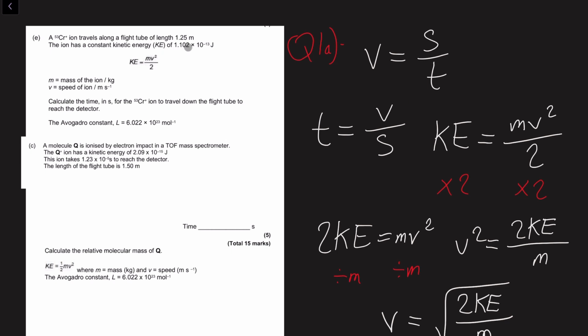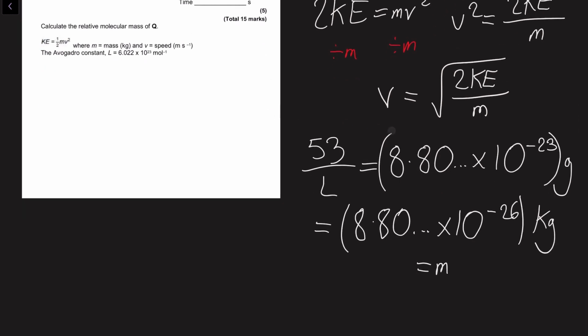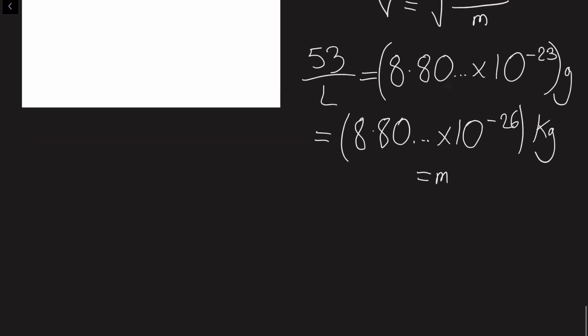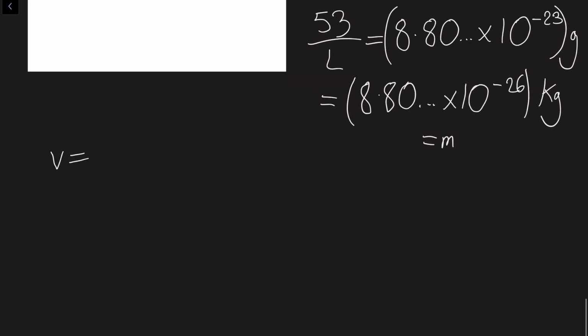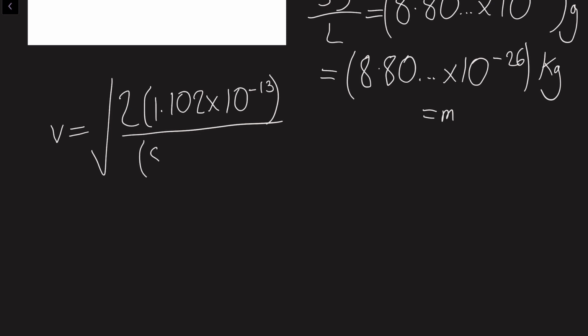We're given the kinetic energy, which is 1.102 times 10 to the power negative 13. So now what we do is we substitute this kinetic energy and this mass into this equation here to find the velocity. So v equals the square root of 2 times 1.102 times 10 to the power negative 13, all divided by the mass, which is 8.80 times 10 to the minus 26.